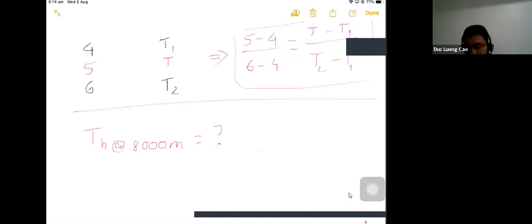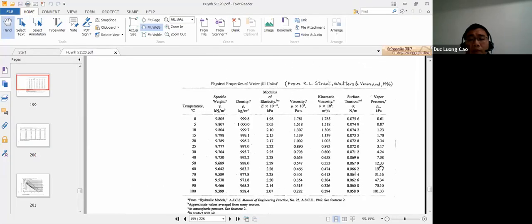Boiling temperature. Okay, we go back to this table. Boiling temperature is the first column, and vapor pressure is the last one. It means we can find boiling temperature if we know pressure.